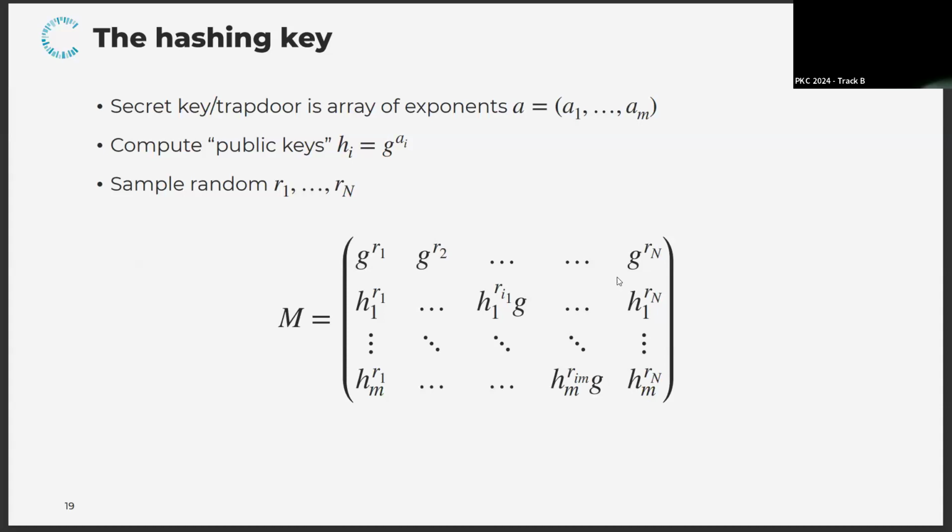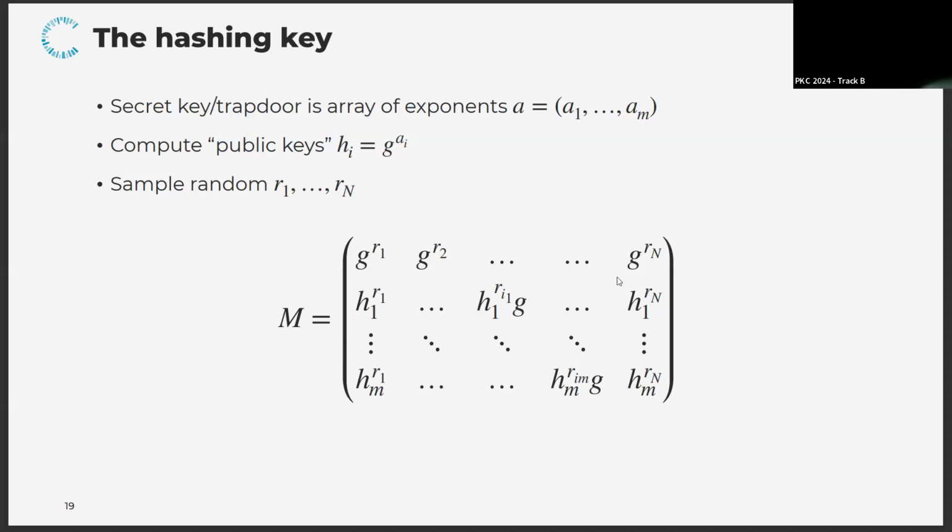So what's our hashing key? We select m secret exponents and compute the h_i's, and then we sample n random exponents, where n is the size of the input. So our hashing key, our matrix, will be very, very large.